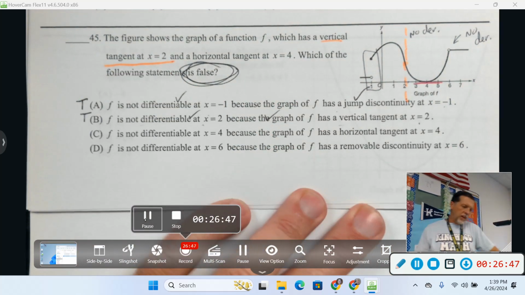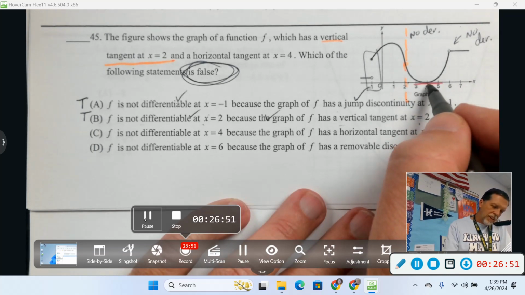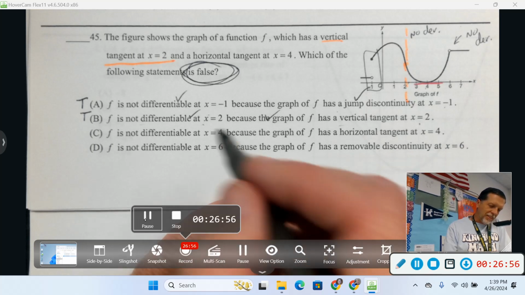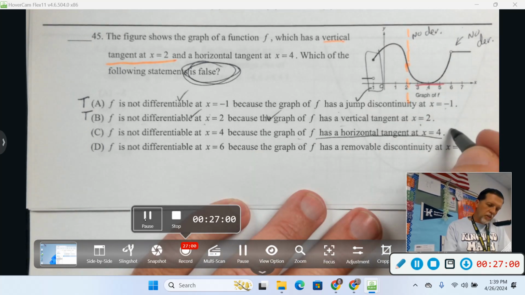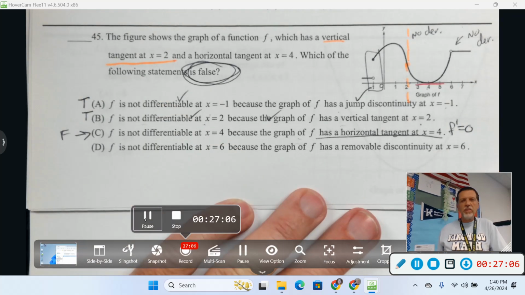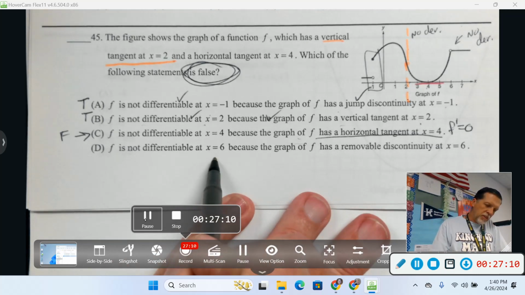Part C, f is not differentiable at x equals 4. Wait a minute, no, f is differentiable at x equals 4. I mean, this is kind of funny. It does have a horizontal tangent, but that's okay. Horizontal tangent just means that f prime equals 0. So, pretty sure C is false. Let's read the last one just to make sure. F is not differentiable at 6.